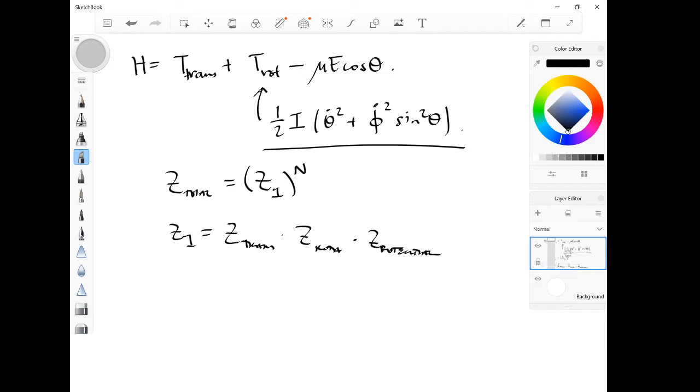And so, first thing we need to do is show that the rotational partition function is equal to something that's given in the tute, so let's just calculate that now.